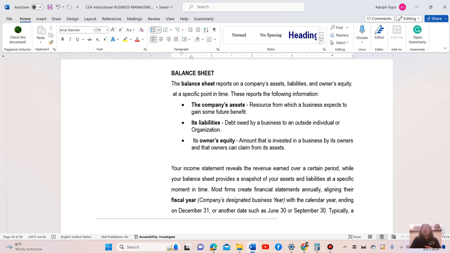These are resources from which a company expects to gain some future benefit. Its liabilities, the company's debt owed by the business to an outside individual or organization, and its owner's equity, the amount that is invested in a business by its owners and that owners can claim from its assets.